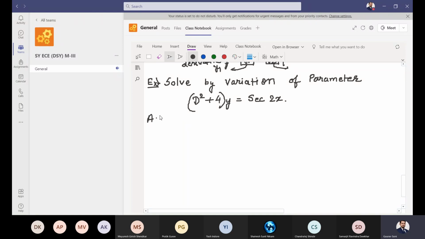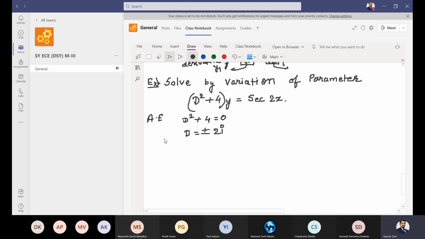First of all, write down the auxiliary equation. The auxiliary equation is D square plus 4 equal to 0. You can do this using your scientific calculator, or if you are good enough, using the quadratic formula, and the roots are plus minus 2i.